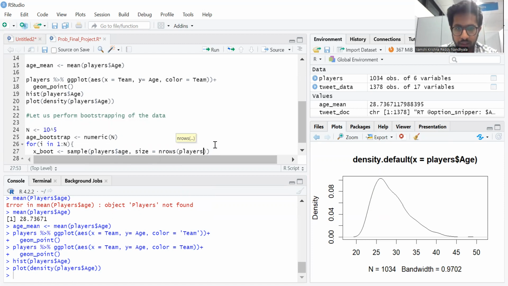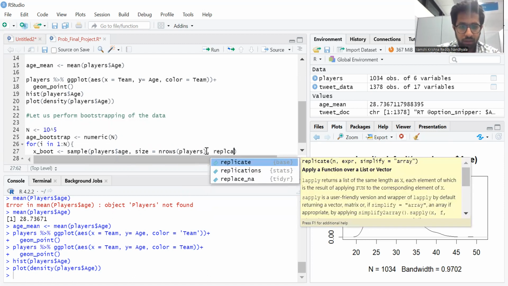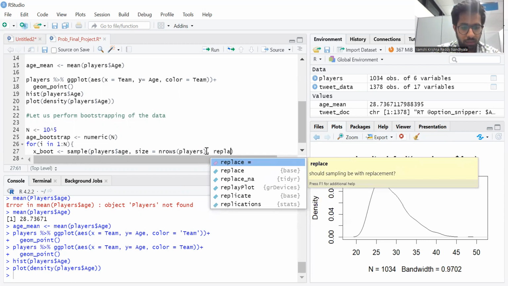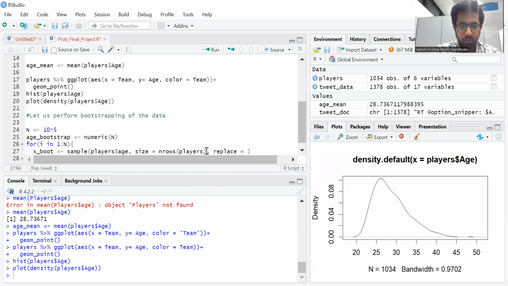And we are going to perform the replace operation, replace equal to TRUE.